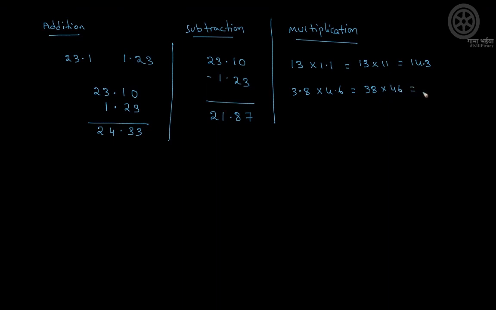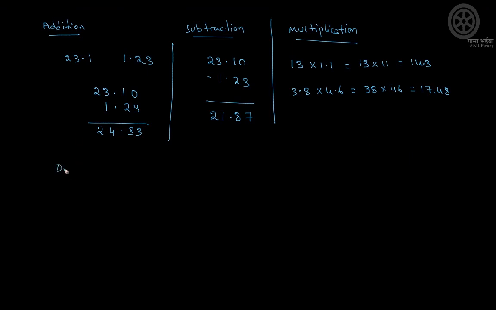What will be the result? 1748. Now see here. In the prior example, you had only one decimal place. Here you have two decimal places, so you need to put a decimal point after two digits. So the answer will be 17.48. Understood? Clear?